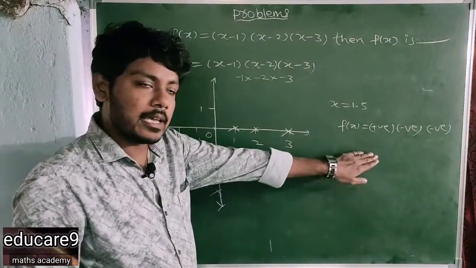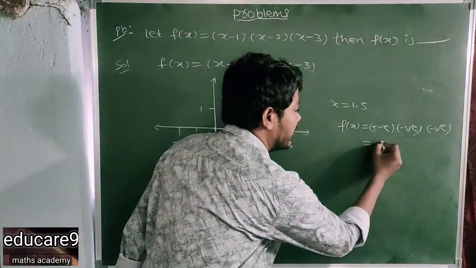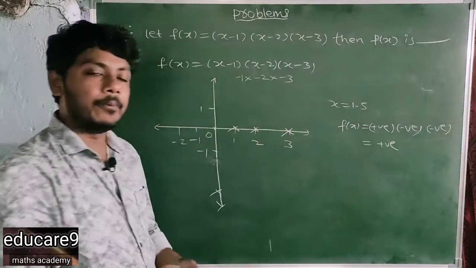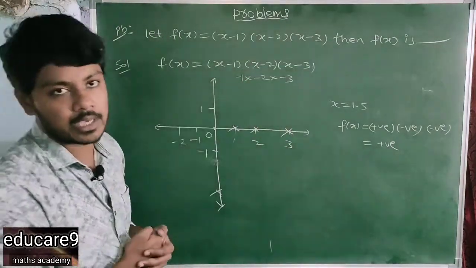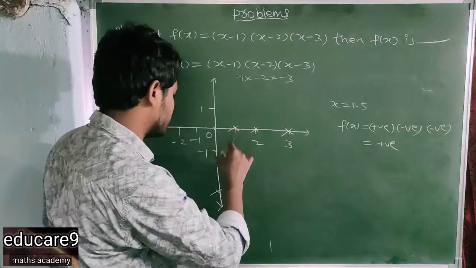So in this case f(x) is positive. Which means the graph lies above the x-axis. So like this.